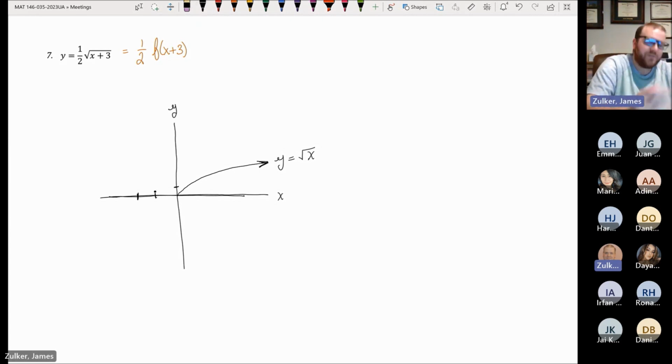Oh my, yeah, this is going to be fun. Where is it going to cross the y-axis? Square root of 3 over 2, which is, oh my goodness, slightly less than 1.